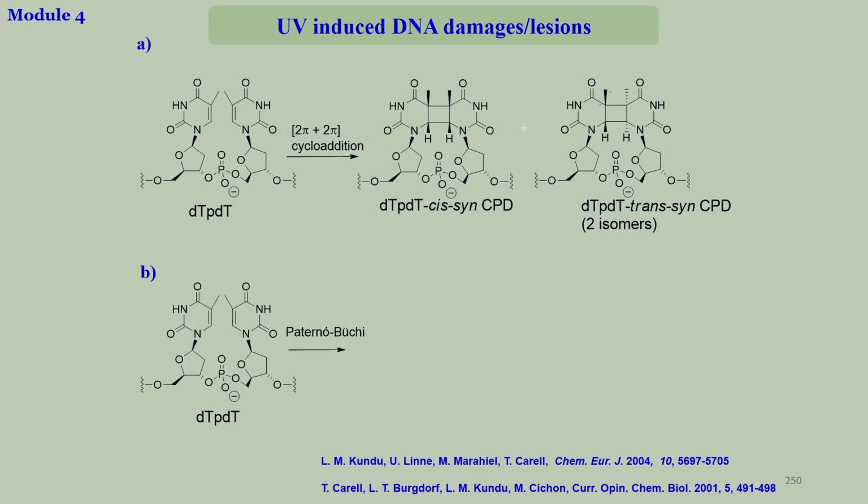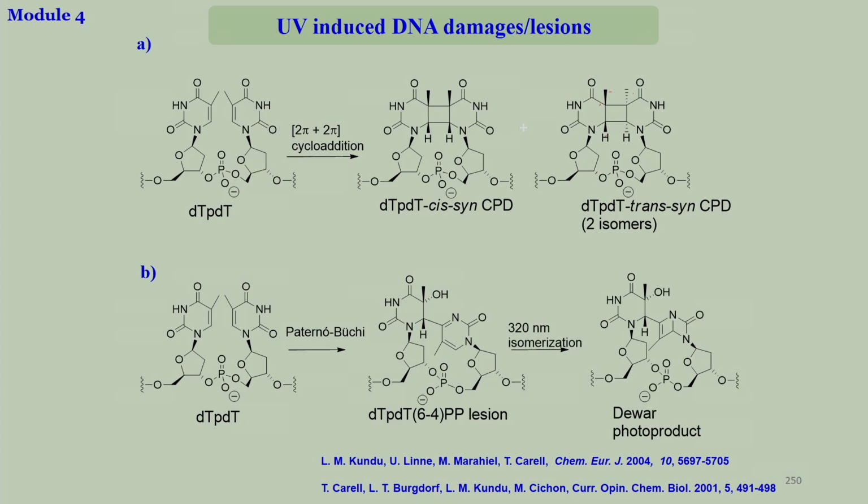Then you can have the Paterno-Buchi reaction between this double bond and this double bond, producing the 6,4 PP, photo product, the 6,4 PP lesion that we have already seen, and upon further isomerization under 320 nanometer radiation, it will produce the Dewar valence product or Dewar photo product.